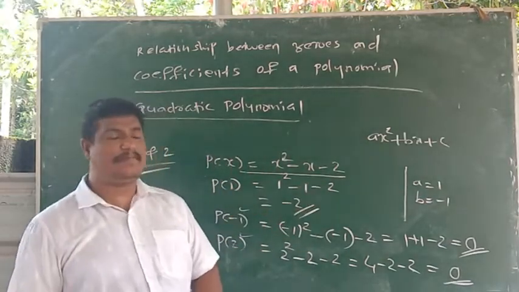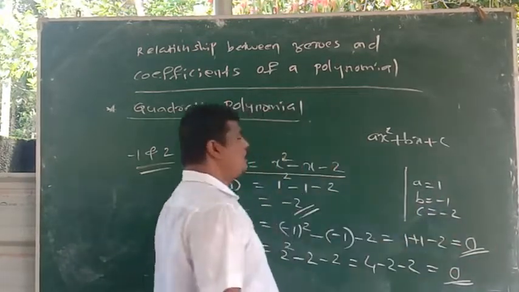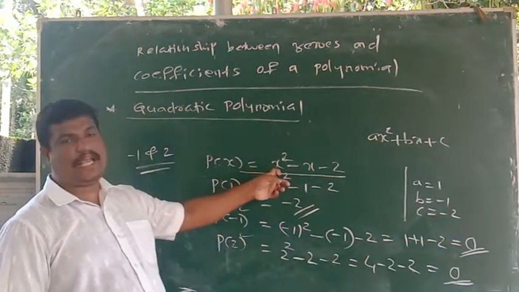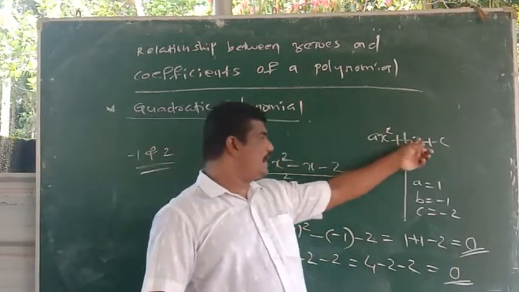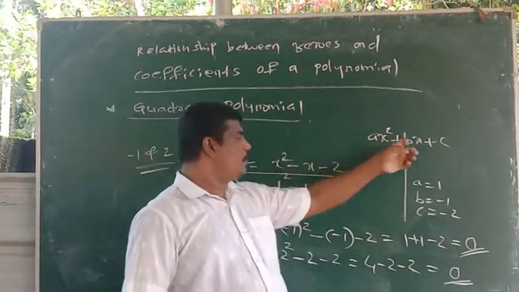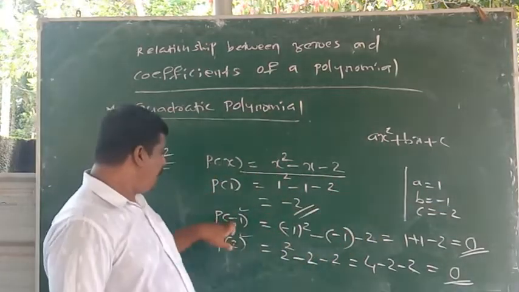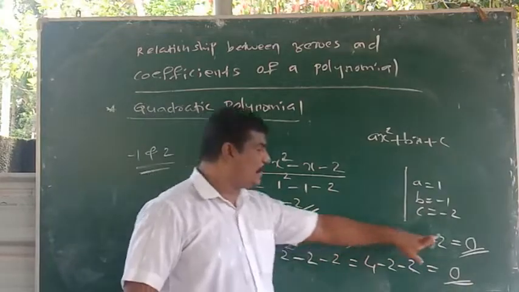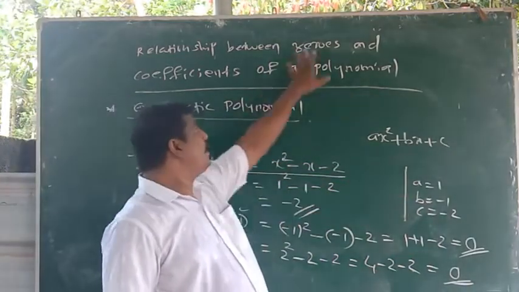The constant term c is minus 2. So the coefficient of x square is 1, coefficient of x is minus 1, constant term is minus 2. What are the zeros of this polynomial? Minus 1 and 2 are the zeros of x square minus x minus 2.